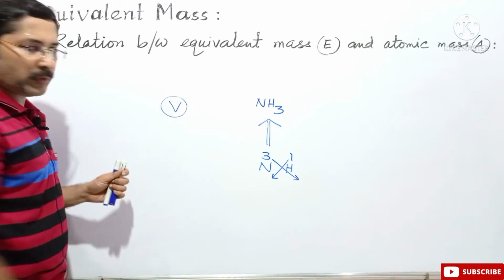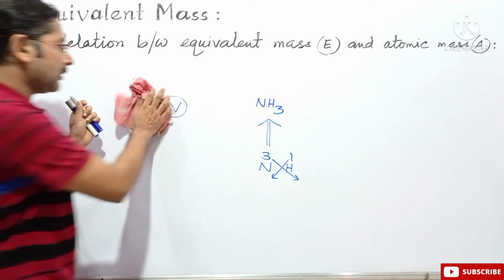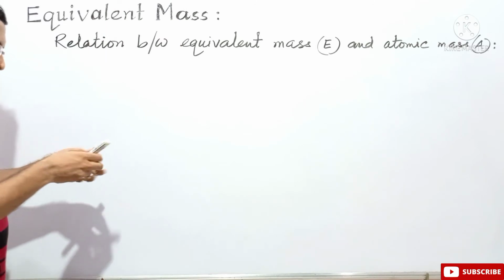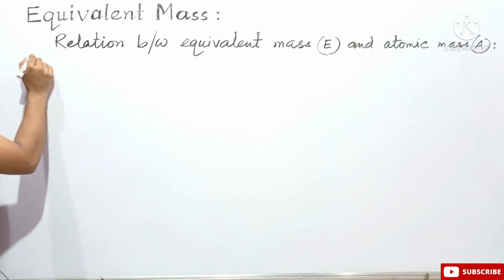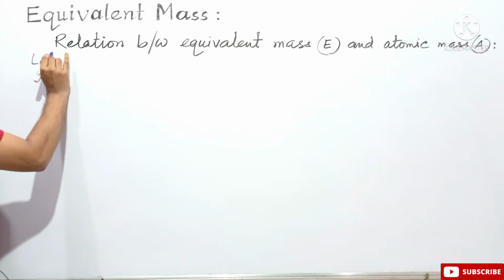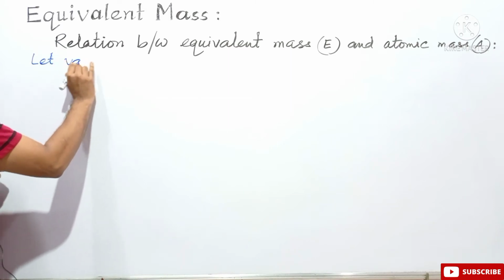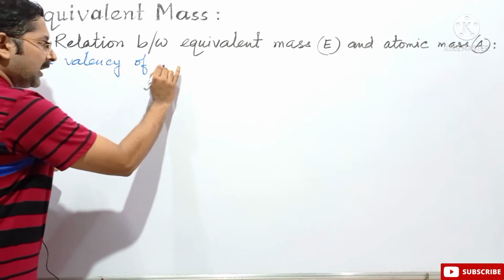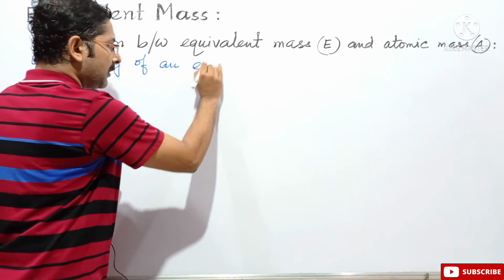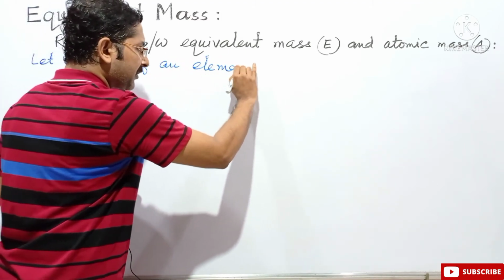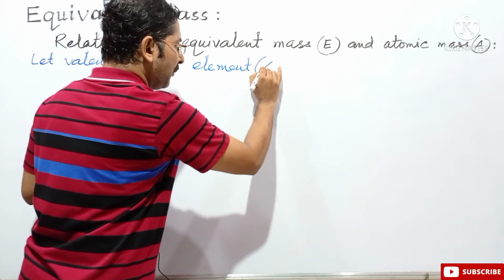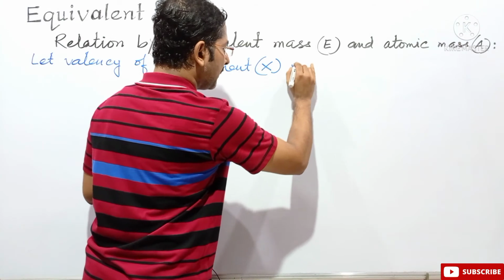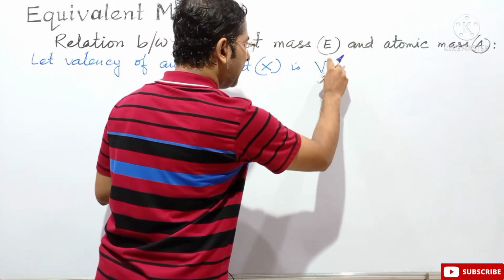So from here we can write, let the valency of an element, say the element is X, valency of an element X is V, capital V, right?